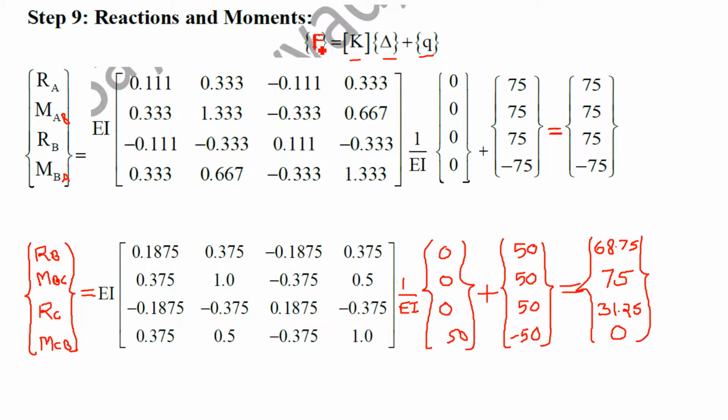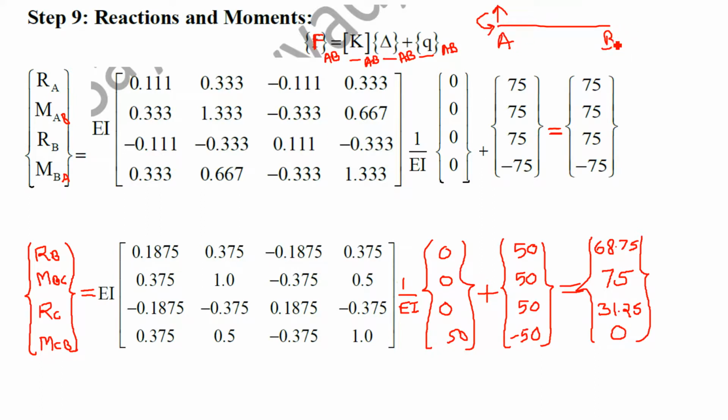Here, the left hand side F stands for the unknown moments and reactions in your beam structure. Please make a note, this equation we have to apply for each member separately. First, for AB, this will be F of AB, K of AB, delta of AB and small q of AB. Looking at the AB member in the given beam, at A the reaction is RA and the moment is MAB.